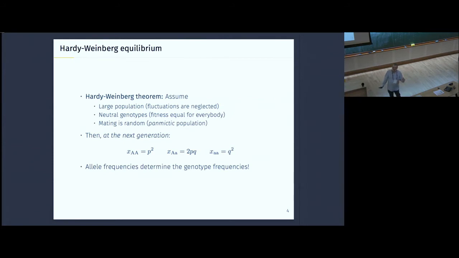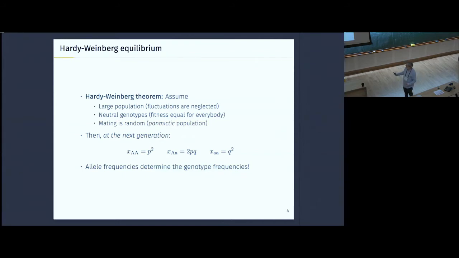In this case the equilibrium will be broken, if there is what is called assortative mating. So one of the things that you can check via the Hardy-Weinberg equilibrium is whether mating is really random or assortative.